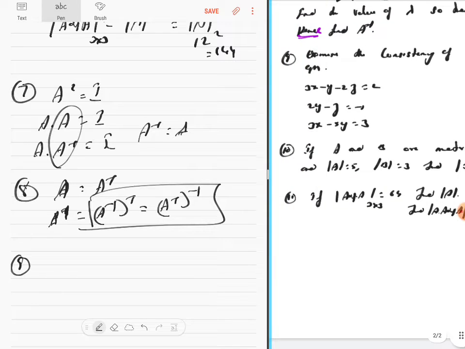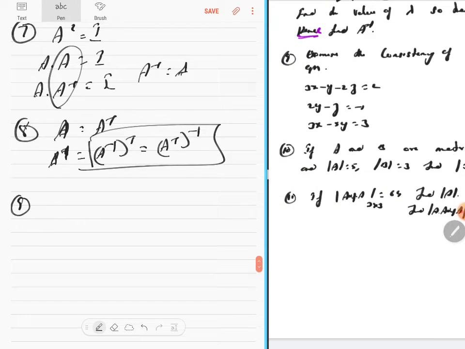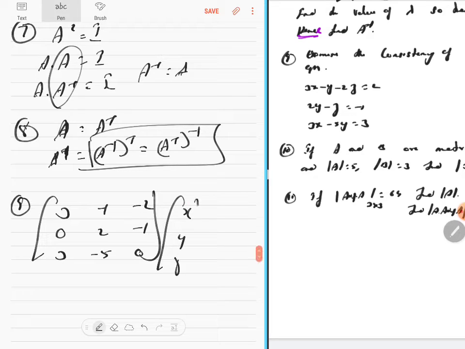Check the consistency. Consistency means whether you'll be able to solve that equation. The equation is the matrix 3 minus 1 minus 2, 0, 2 minus 1, 3 minus 5 and 0, times X, Y, Z, equal to 2 minus 1, 3.